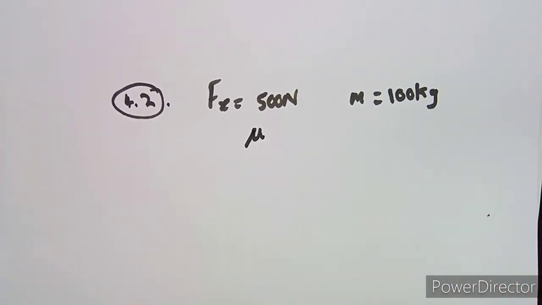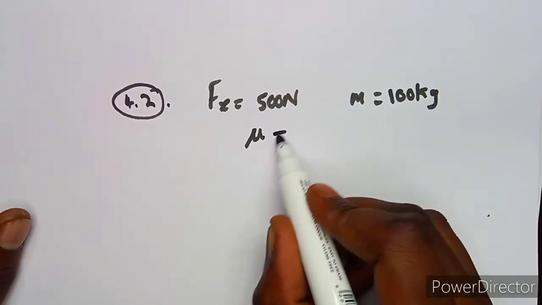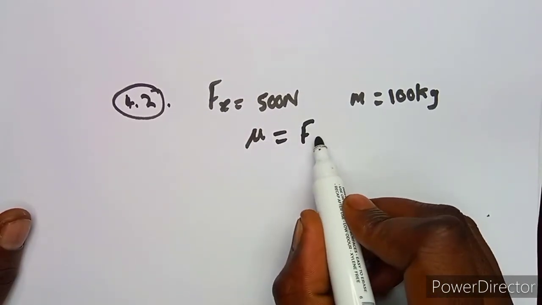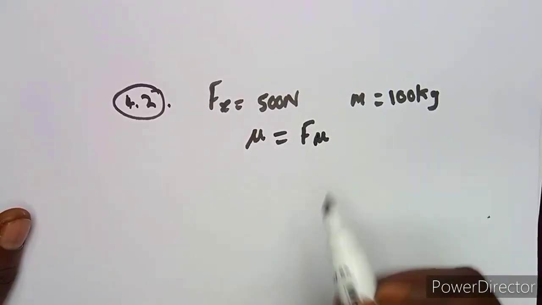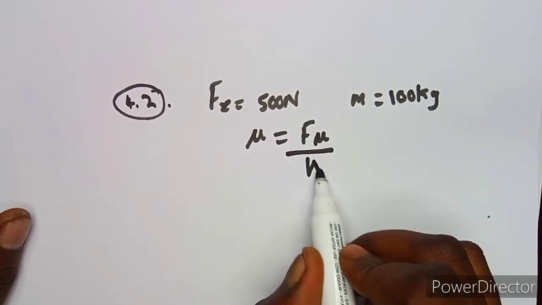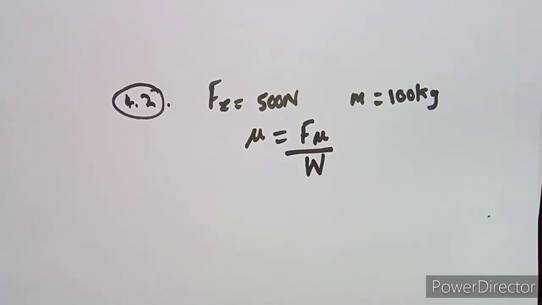That is the coefficient of friction. And we can agree that the coefficient of friction is equivalent to the frictional force over the weight or the normal force, which is the one that opposes the weight.